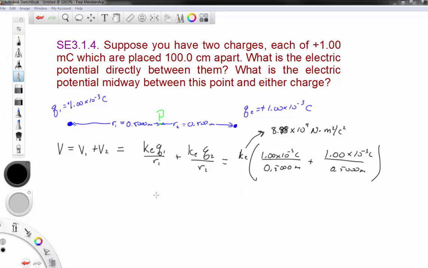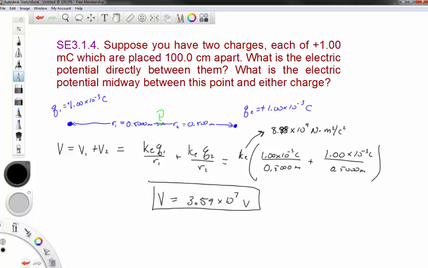So basically you end up with V equal to 3.59 times 10 to the 7, so 7 volts. And there is your potential at this point.